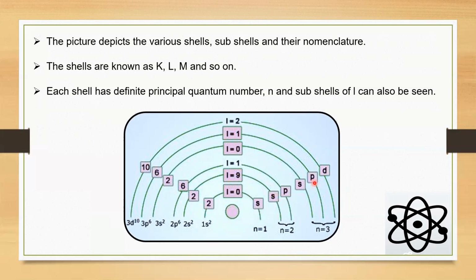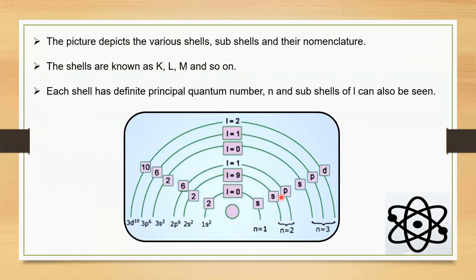Here we have the shells: this is the first shell, K, this is the second shell, L, and this is the third shell, M. An s orbital can occupy a maximum of only 2 electrons, p orbitals can hold 6 and d can hold 10. Each shell has a definite quantum number n, and the subshells of l can also be seen: s, p, d and f.